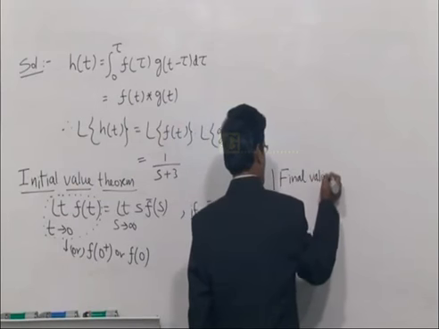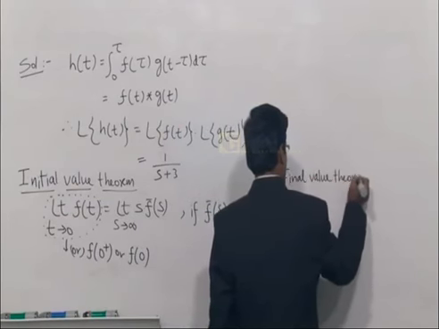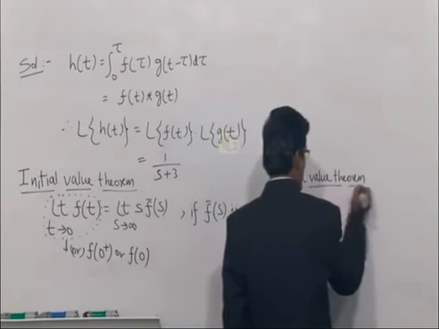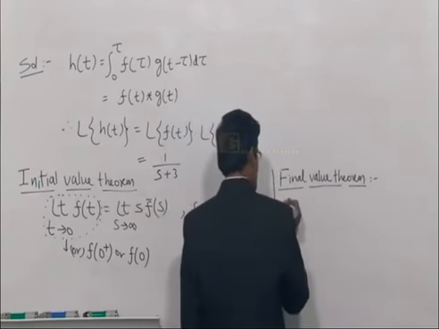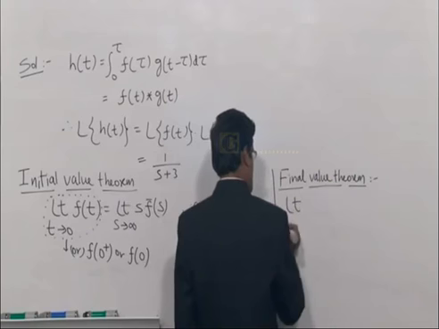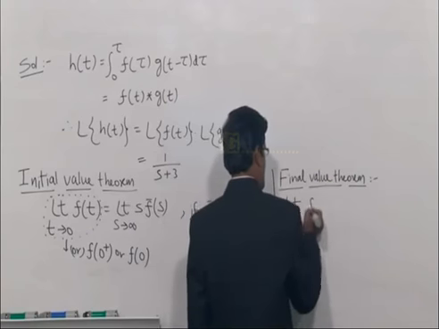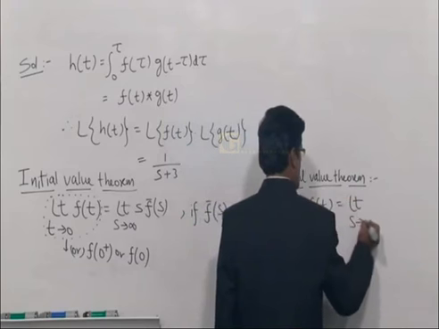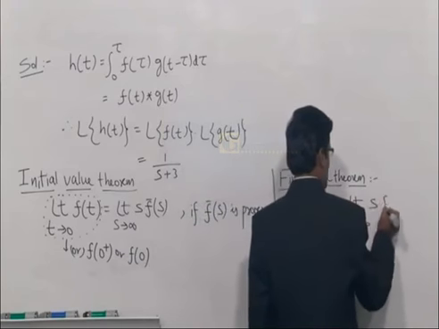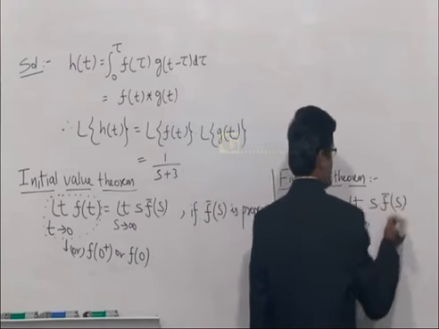Final value theorem, and the same topics will also come in the signals and systems paper. Limit t tends to infinity of f of t is equal to limit s tends to 0 of s times f bar of s.